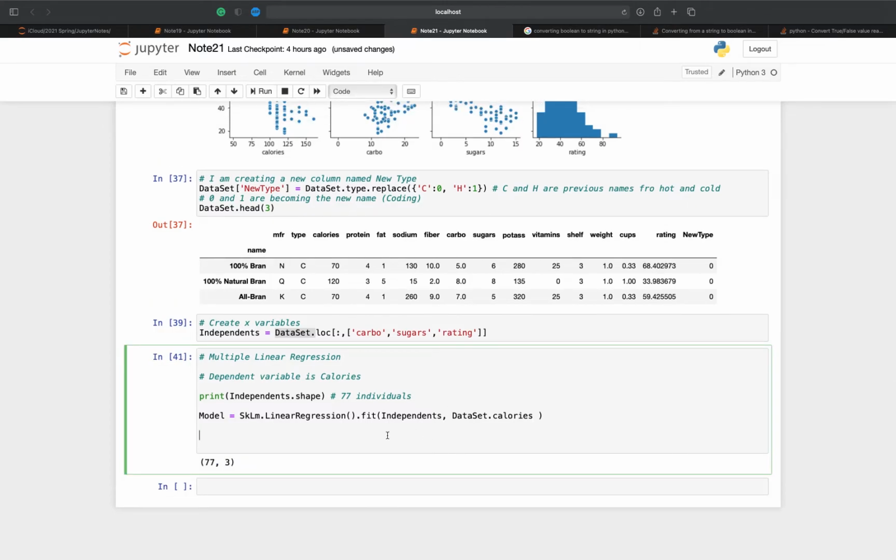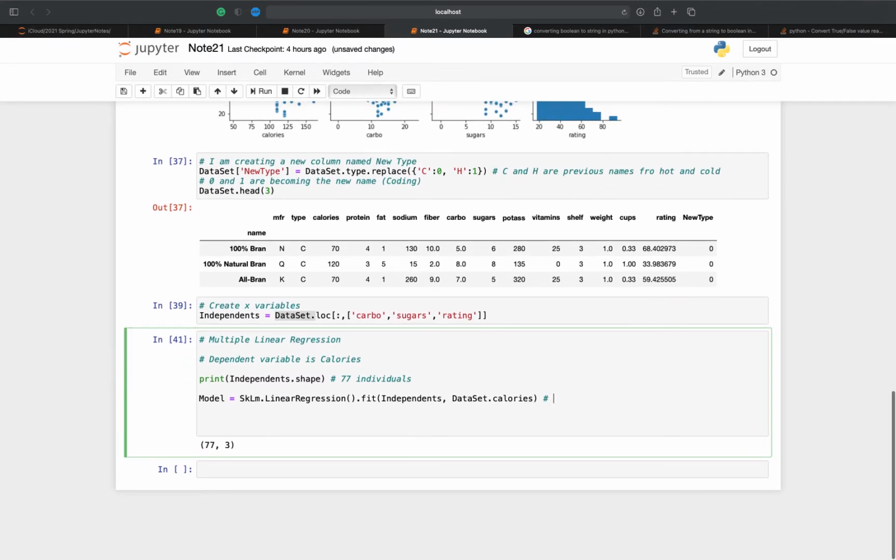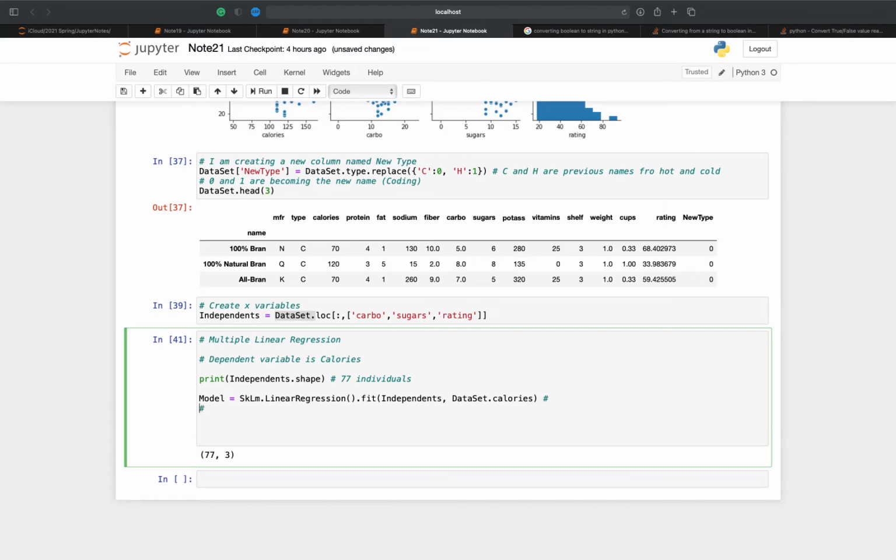And then feed means we're already feeding the model. So what I'm doing, I created an instance of the linear regression model, then I feed this model using the data.